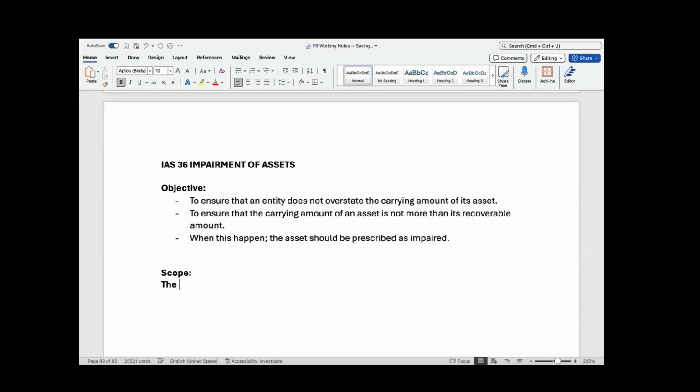The assets this standard deals with are majorly non-financial assets, or what IAS 38 calls non-monetary assets. So it deals with property, plant, and equipment.